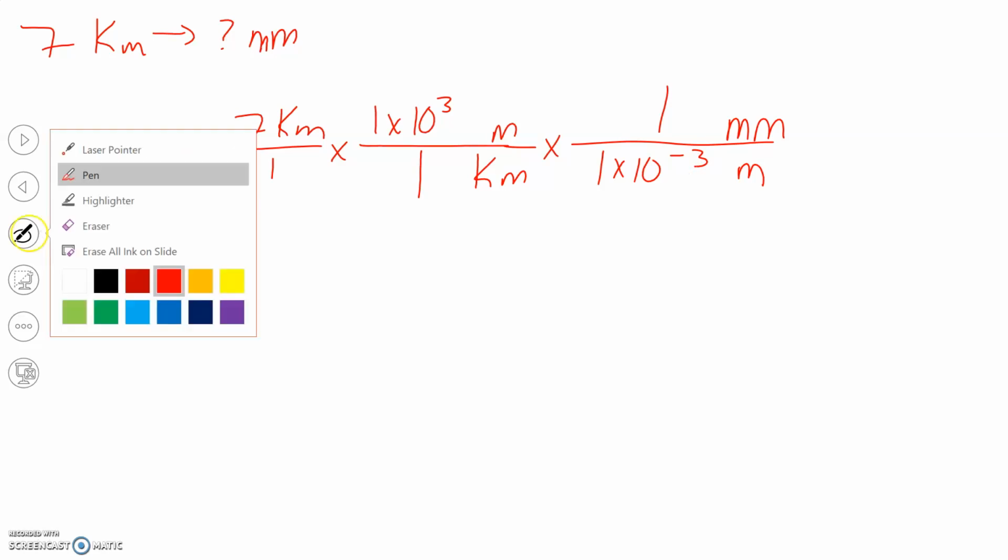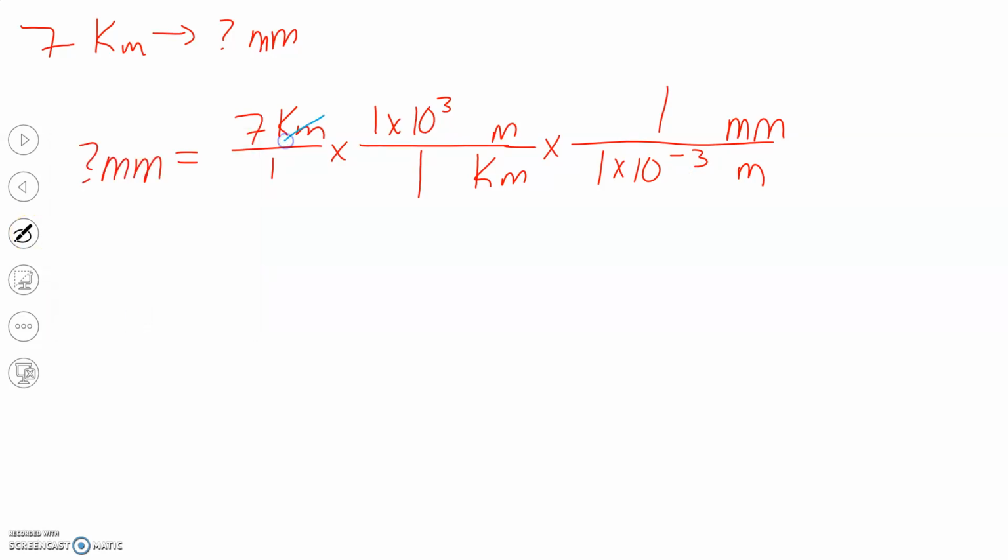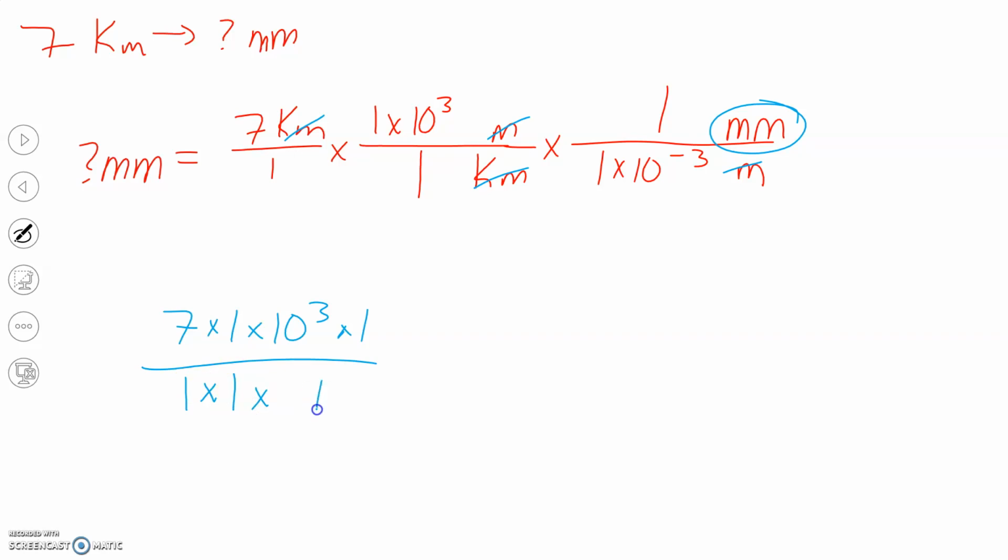So now when we go to look at just the math, because our kilometers end up canceling, our meters end up canceling, so all we're left with is millimeters. So now when I look at on top, we have 7 times 1 times 10 to the third times 1. And again, when you're writing out your math, you don't need to include the ones. I'm just doing it to show how things line up. Times 10 to the negative third.